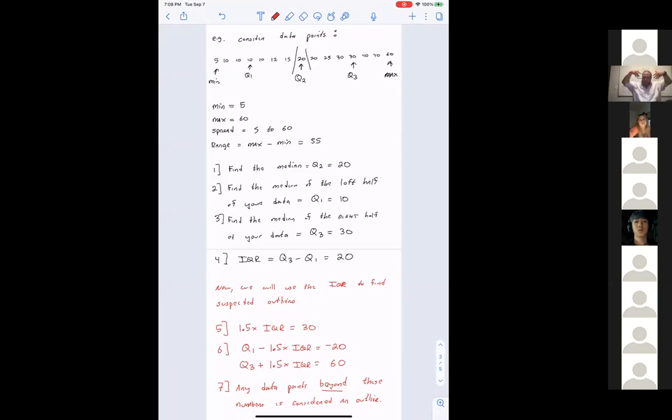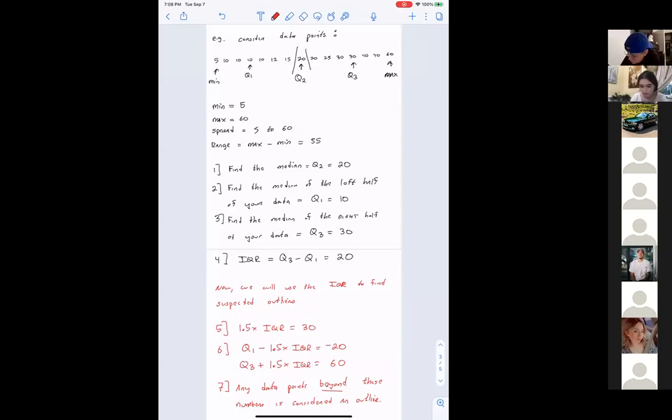This is an arbitrary number picked by statisticians, which means the best we can say is that it is a suspected outlier if it's beyond it, and not a suspected outlier if it's not. Whether it truly is an outlier is a whole other question. All we can come up with are suspected outliers. Does that make sense? Yeah, I got it. Thank you.